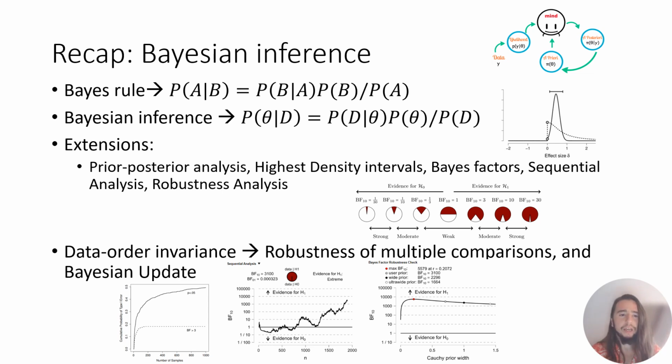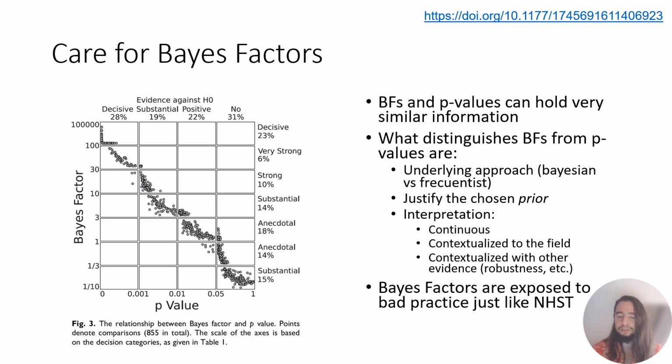Okay? So with that in mind, I want to start with a cautionary note on Bayes factors. You can see here in this simulation study that Bayes factors and p-values can hold very similar information. As you can see here, the correlation between p-values and Bayes factors is almost perfect. Therefore, you need to keep some things in mind.